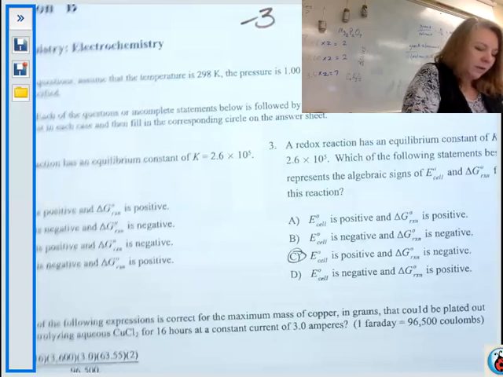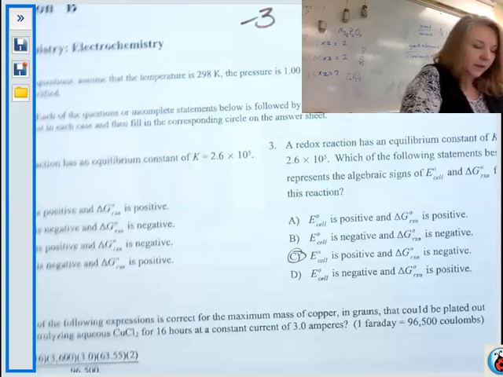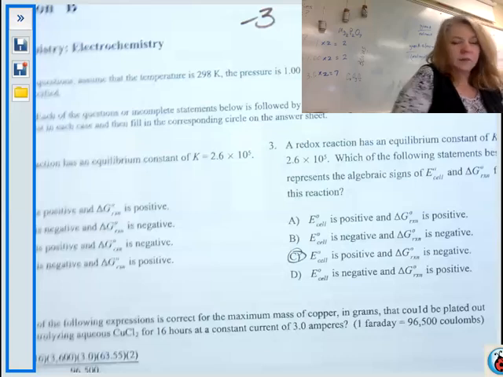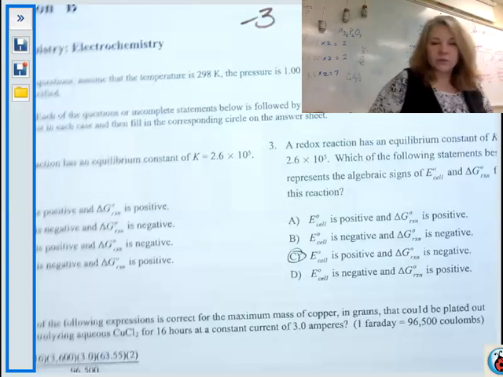So I will have chromium plus 3 Ag plus. My electrons are going to cancel out because I have that 3 will distribute. Yields chromium 3 positive plus Ag. Okay, so that's my reaction, except I forgot to balance it. There we go. 3 Ags. Okay, so there's my reaction.